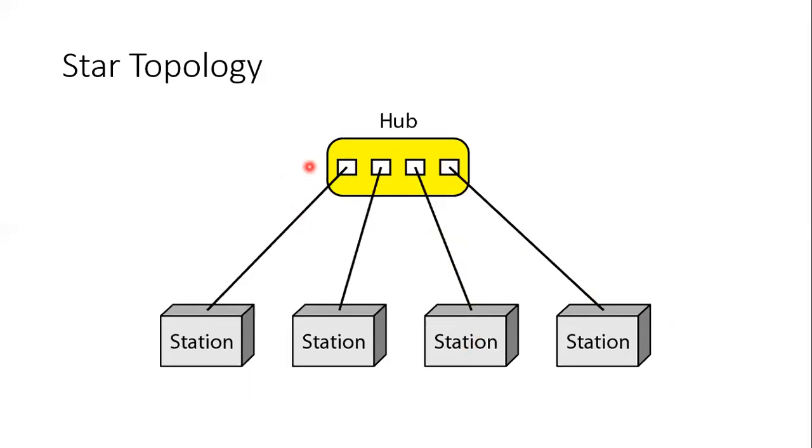Here the controller, that is the hub, can act as an exchange. If one device wants to send data to another, then it sends the data to the controller. From the controller, it transmits the data to the corresponding station.